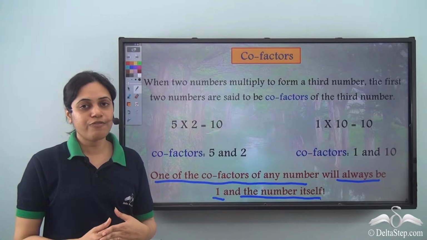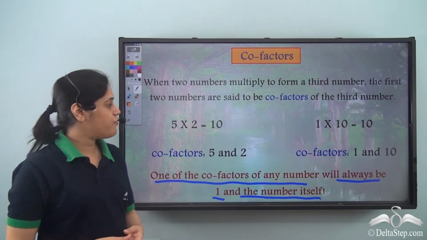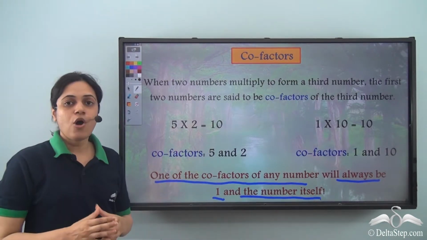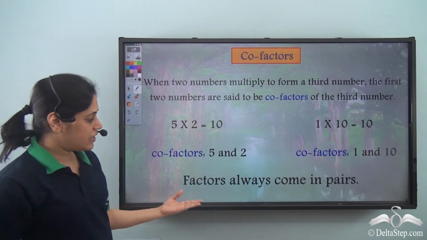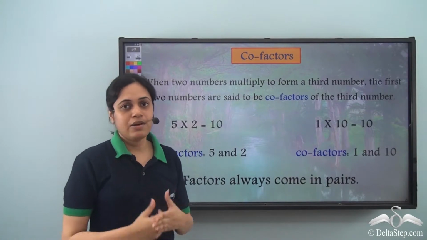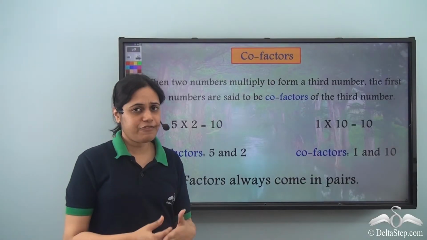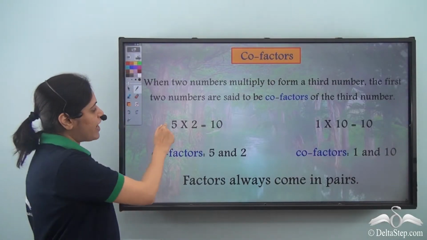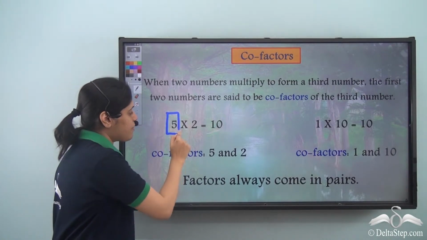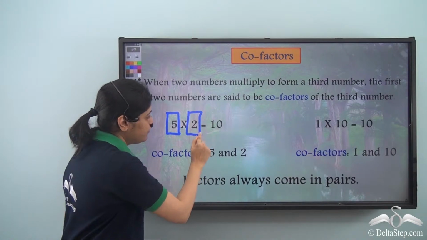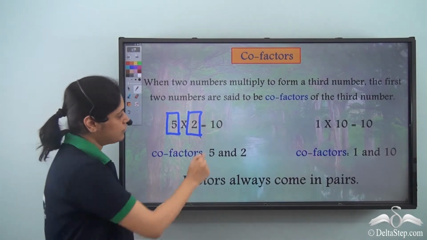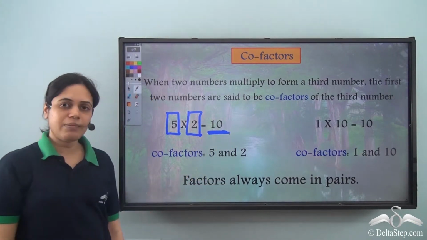Why do we have cofactors? We have cofactors because factors always occur in pairs. So factors always come in pairs. Why? What is the definition of factor? Factor means this number has to be multiplied with some other number which is also a factor to give me my original number.